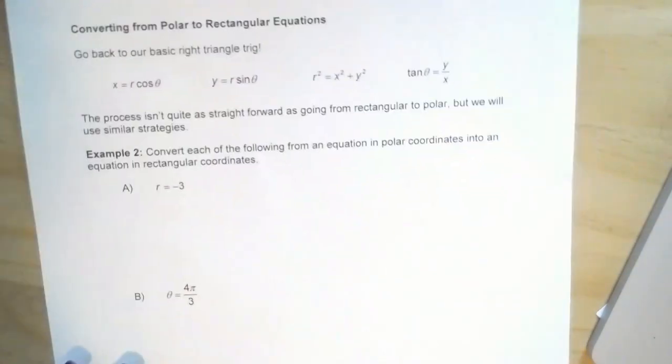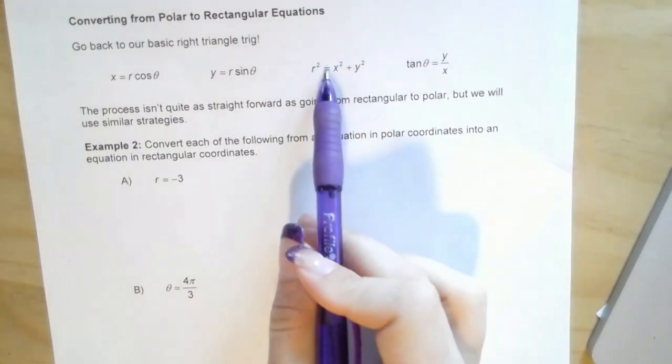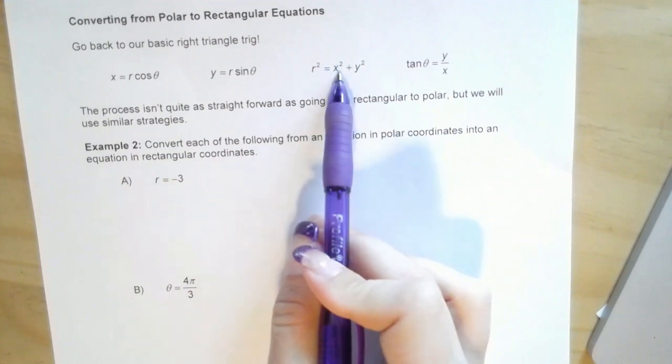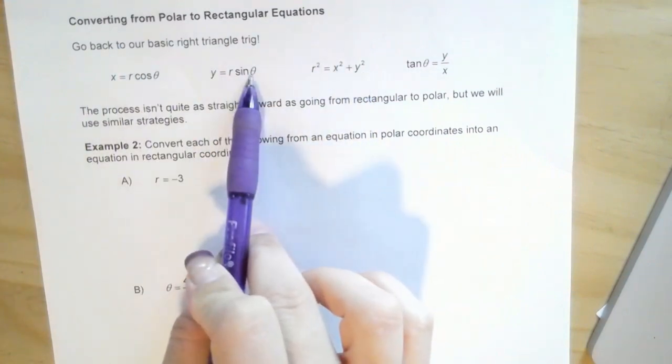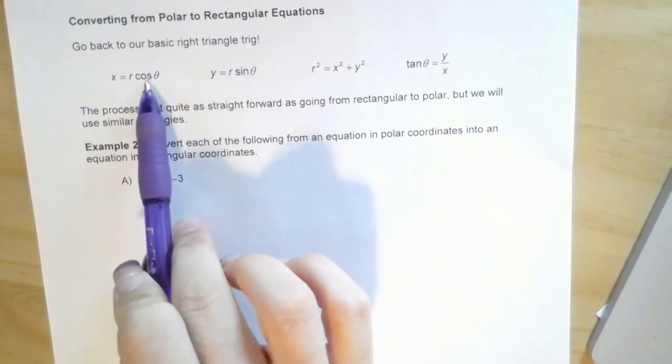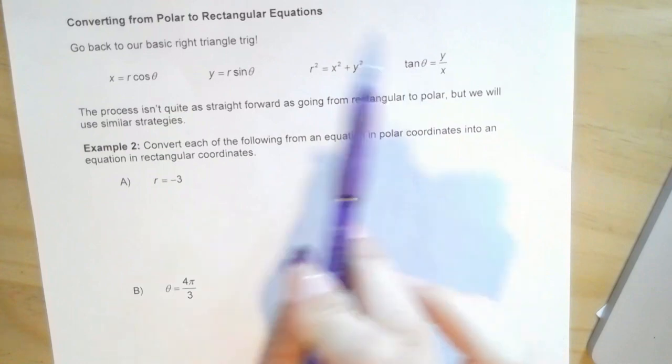So here we have r equals -3. That's great, but we need it to be in an equation with x's and y's. So of course I'm going to deal with r squared equals x squared plus y squared. I'm not going to deal with these two right now because we are still in trigonometry, and in this one we don't even have a theta to be able to do this.